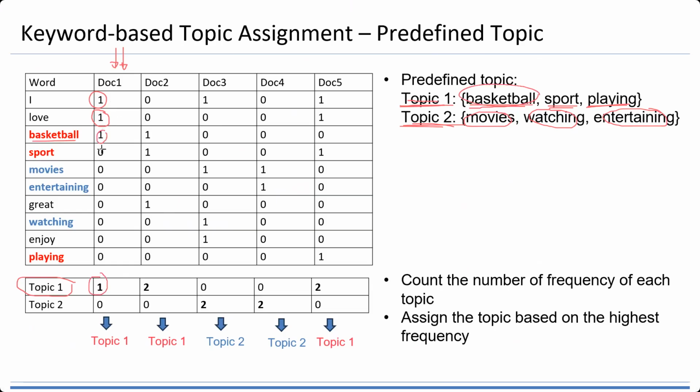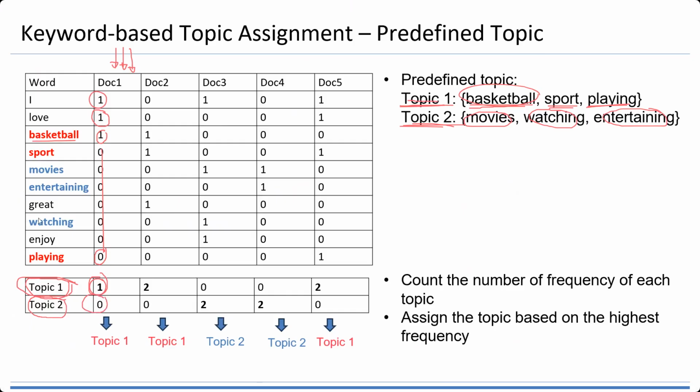And then let's look again. This one, 0. Then in document 1, there is 1 that is related with topic 1, and there is nothing related to topic 2.